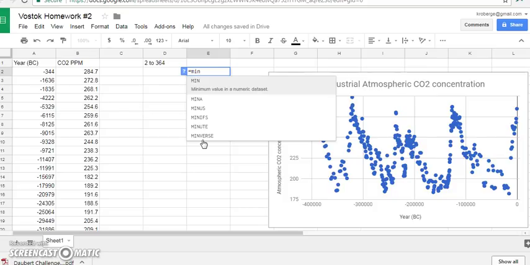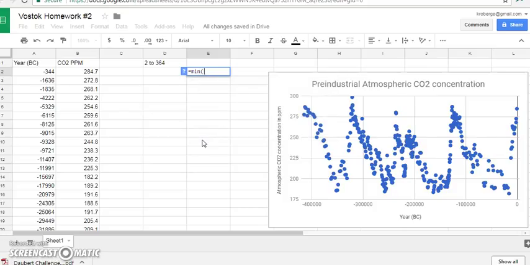It will give me the minimum, parenthesis, of whatever range of cells I asked for. So let's do B2. You can see B2 is highlighted, colon B364, parenthesis. This tells the spreadsheet I want the minimum number out of all the numbers between B2 all the way down to the end. I hit enter.